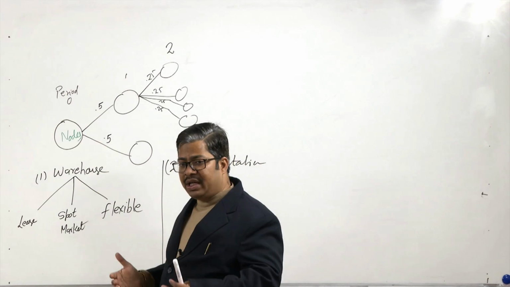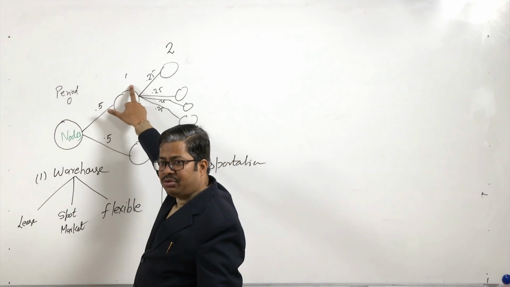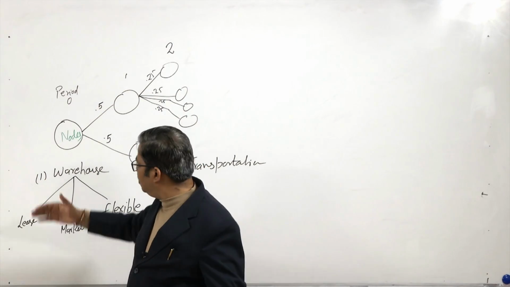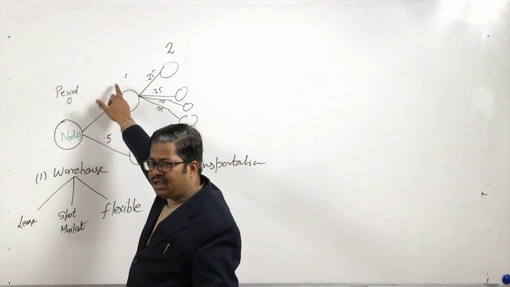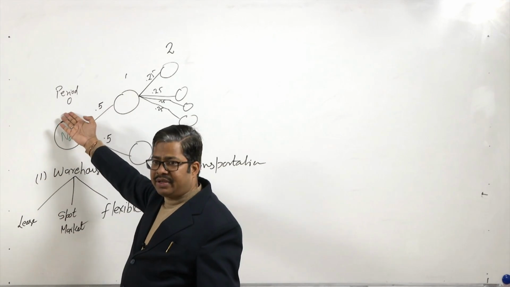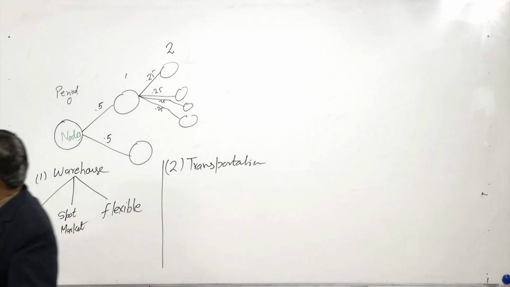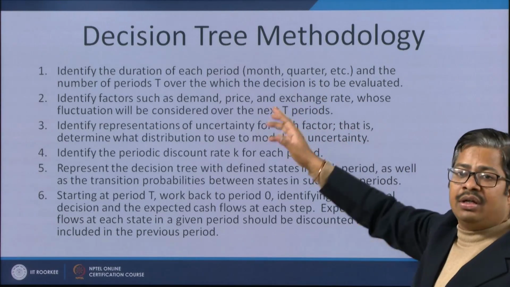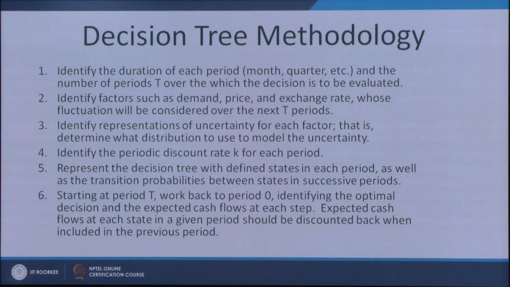It may be a quarterly affair, it is January 2017, then period 1 is April 2017, and so on. It can be a half yearly issue also. It is January 2017, then period 1 is July 2017, and so on. In some cases it can be an annual affair also. It is January 2017, then January 2018, then January 2019. So first is, what is the duration of each period, whether it is month, quarter, half yearly, yearly, etc. That is one thing you need to decide.